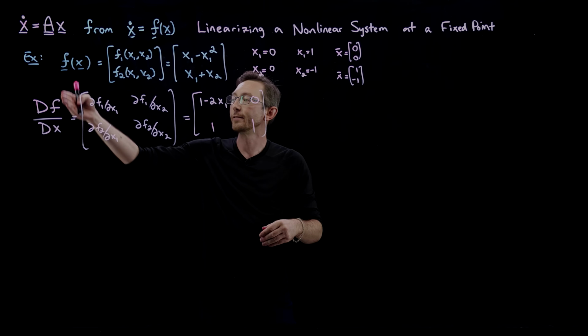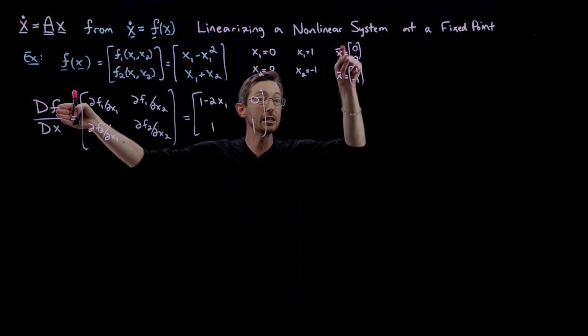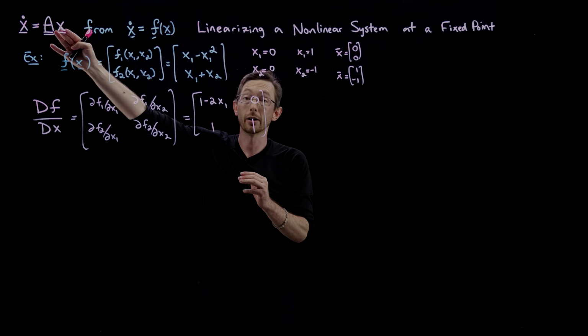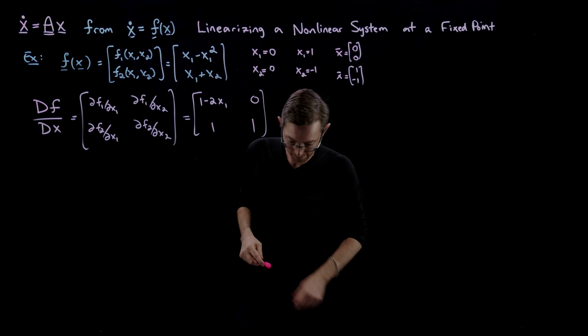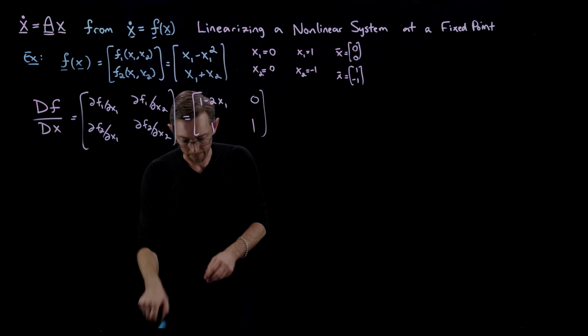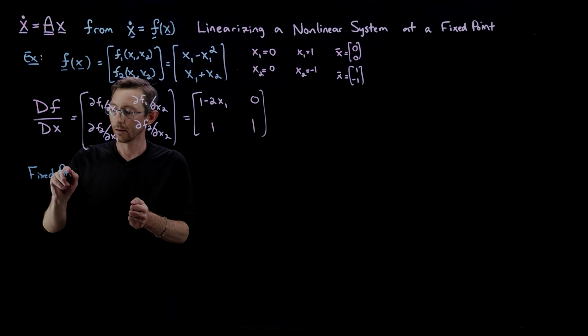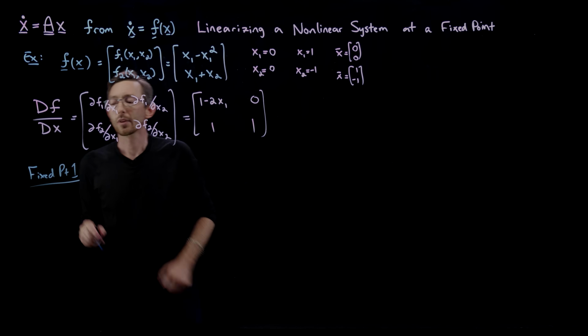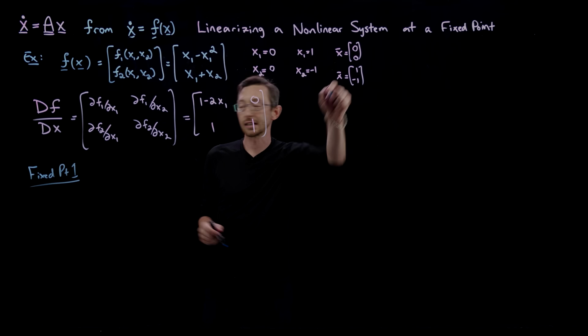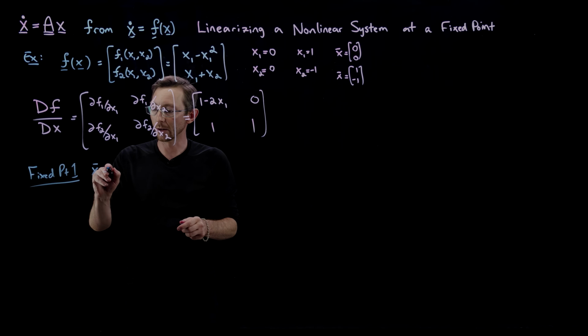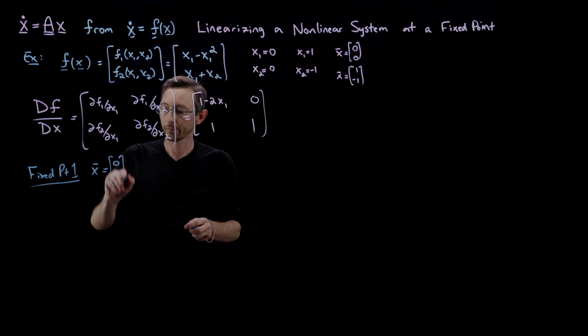And now we have to evaluate this Jacobian matrix at these two fixed points to figure out what our A matrix is in those neighborhoods. Okay, so fixed point 1 is x bar equals 0, 0.